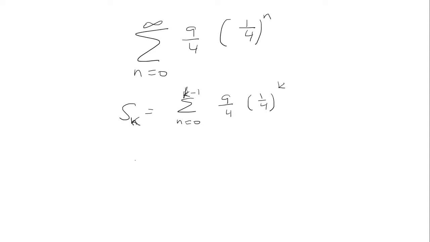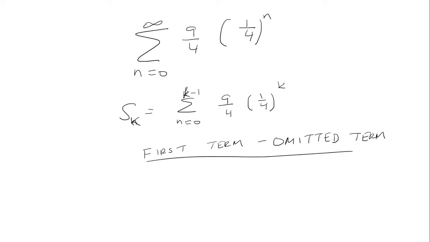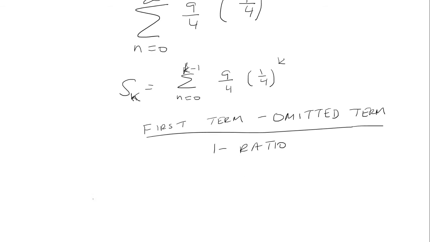Because it's a geometric series, we know that it's going to be the first term minus the omitted term over 1 minus the ratio. So if I want to add up the first n terms, the first term will be when n is 0.